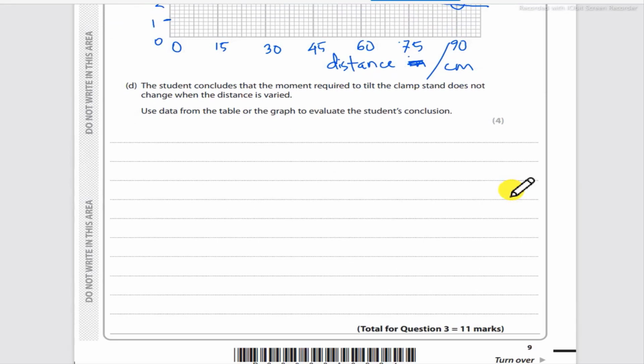So the student concludes that the moment required to tilt the clamp stand does not change when the distance is varied. Use data from the table or the graph to evaluate the student's conclusion.